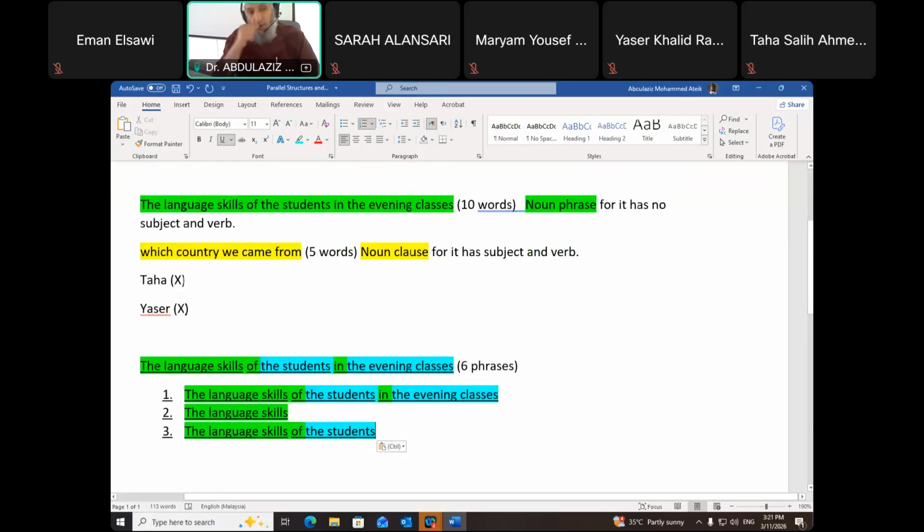More than six. Number 4, of students. Number 5, in the evening classes. Number 6, the evening classes.